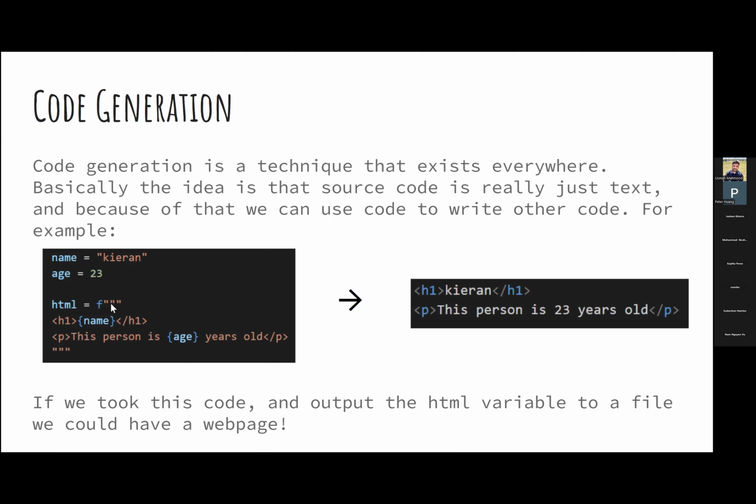We're just formatting the string with H1, we have the name, then we have the P tag: this person is age years old. Essentially this provides this output. And if we took this code, the output HTML variable, to a file, we could have a web page. This would work as a web page on its own. Again, it's just to show that this type of code is just text.